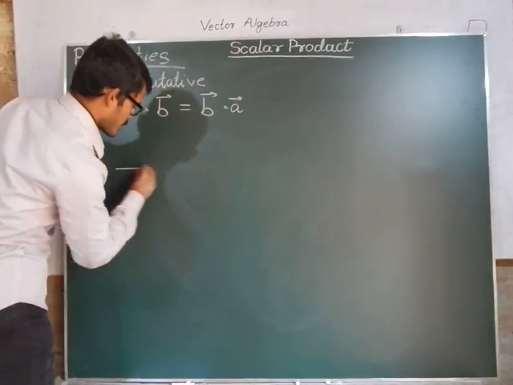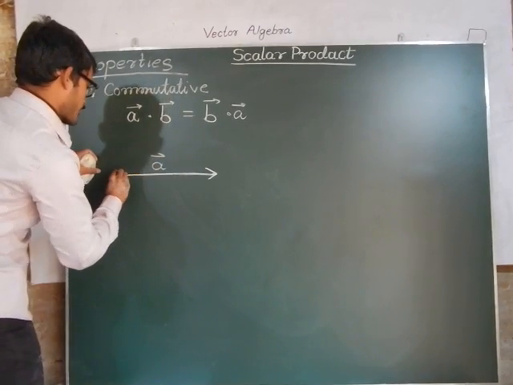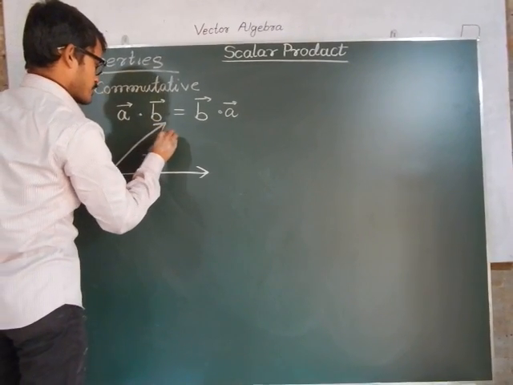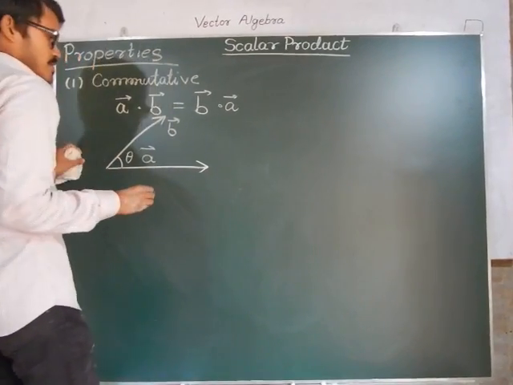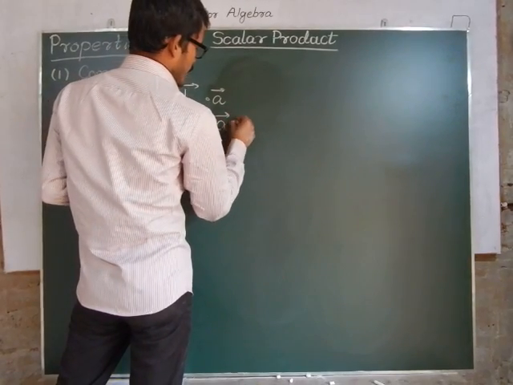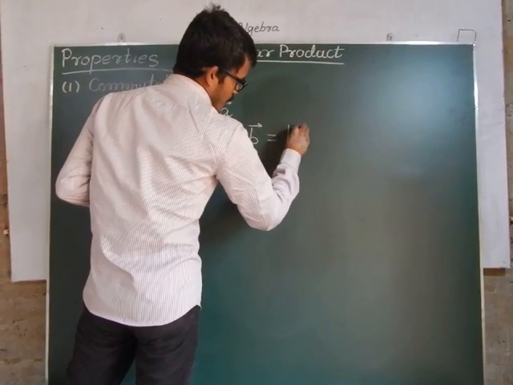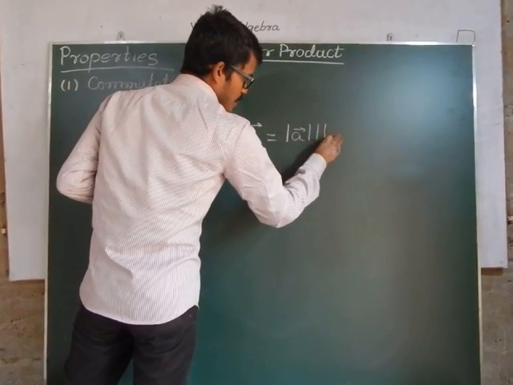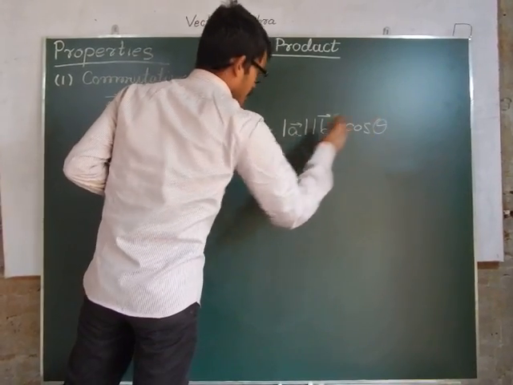Let us see. This is vector A, this is vector B, and this is the angle between A and B. Then we can write A dot B is equal to magnitude of A multiplied by magnitude of B into cos theta.